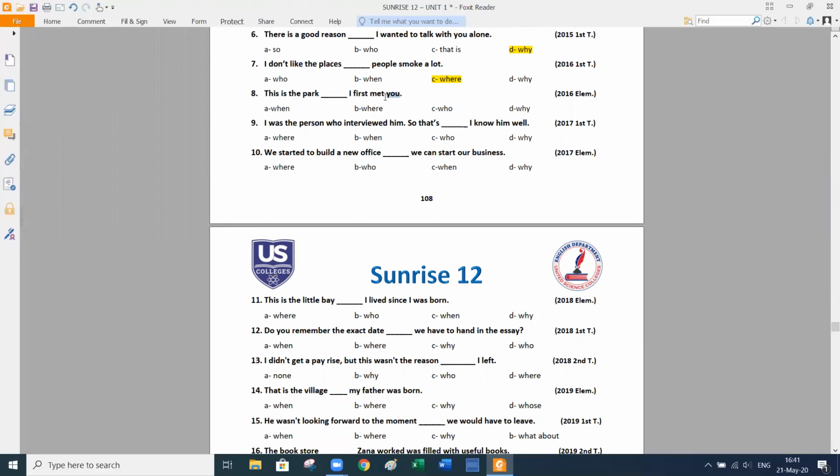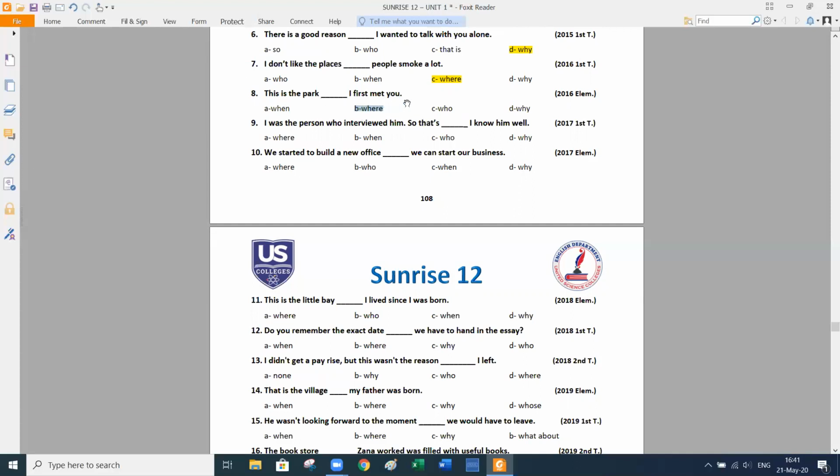So the relative pronoun that I write in this blank cannot be an object or subject, because we have a subject and a verb already in the clause. The park is a place, as you know, so we can directly choose where.